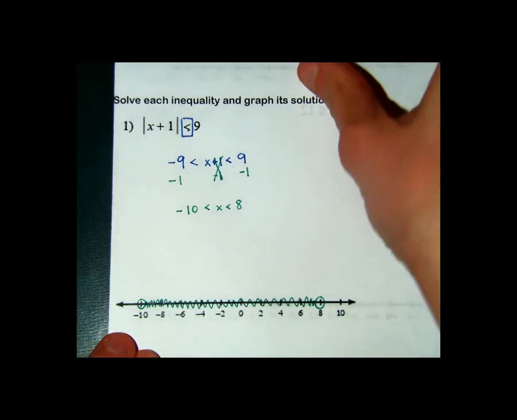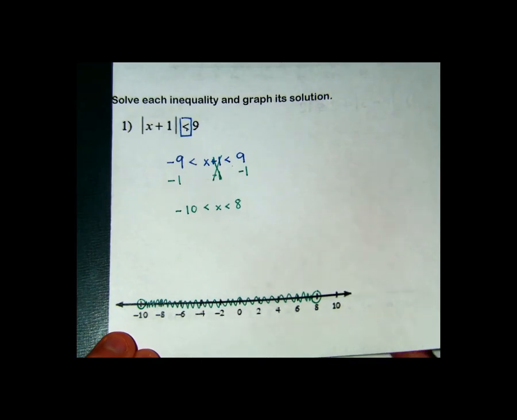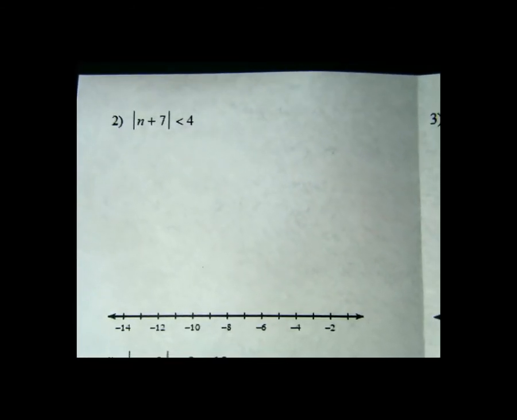Okay. So let's open up and look at number 2. If you are watching this to learn this, it's a good idea to pause this and go ahead and try number 2. Number 2 is like the one on the front.